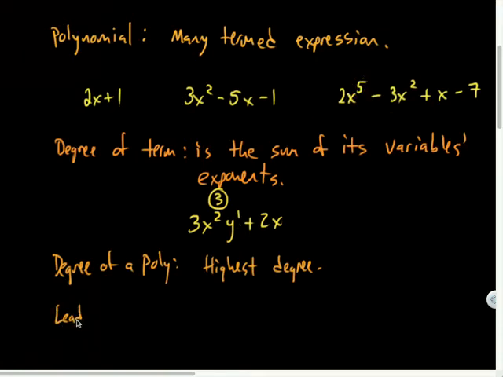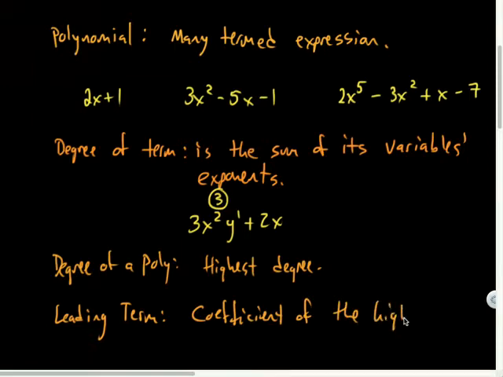Then you have the leading term, which is the coefficient of the highest degree term. Well, no, I lied. I'm sorry. The leading coefficient would be that. Sorry, my apologies. The leading term is just the term with the highest degree.